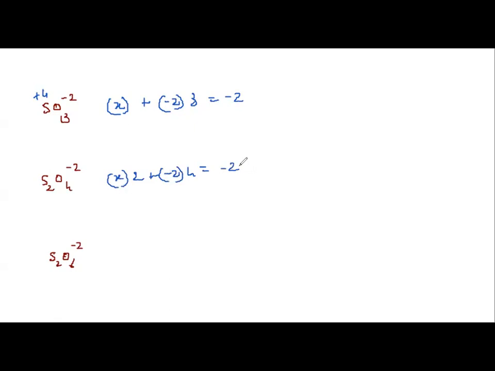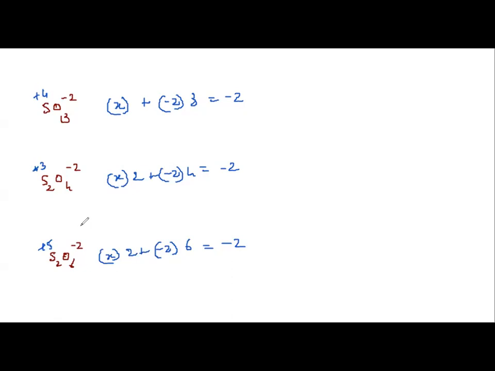So minus 8, 8 minus 2 is 6, 6 by 2 is 3. Sulfur is plus 3. S2O4, it is plus 3. Next, X into 2 plus minus 2 into 6 is equal to minus 2. 6 2s are 12, 12 minus 2 is 10, 10 by 2 is 5. It is plus 5.